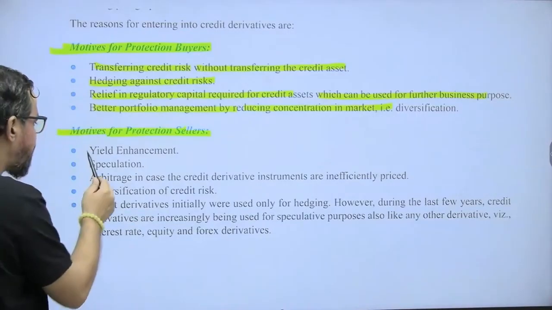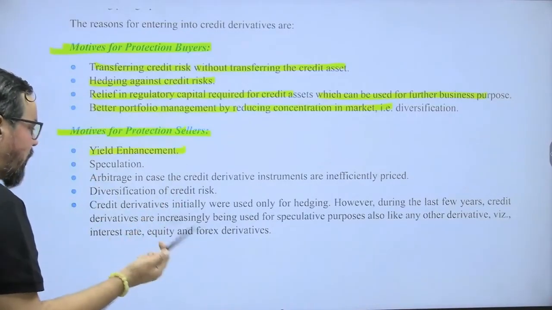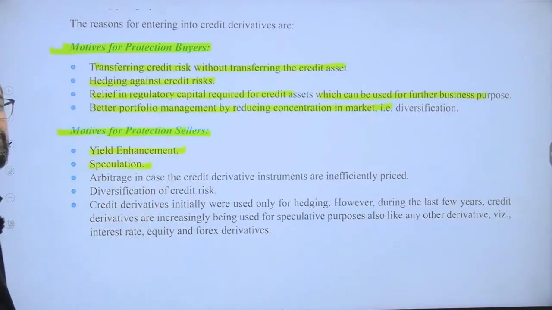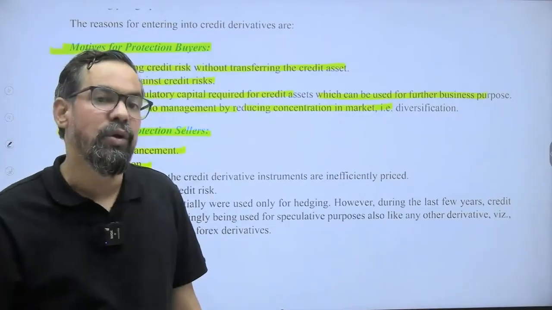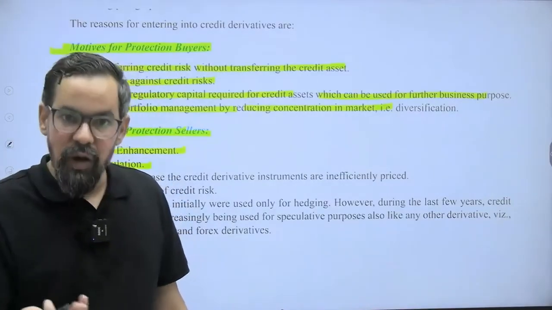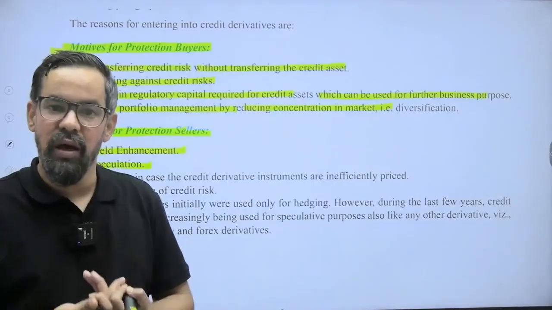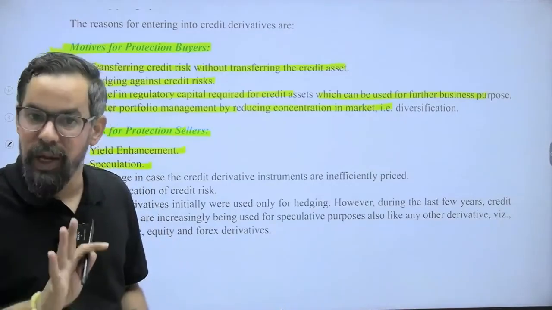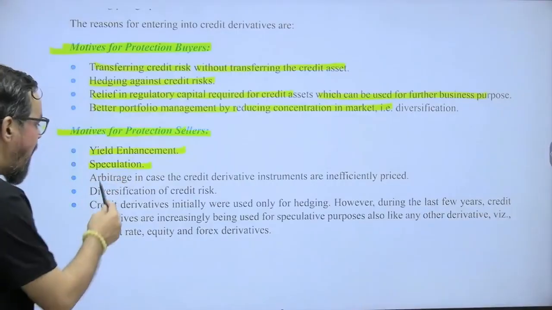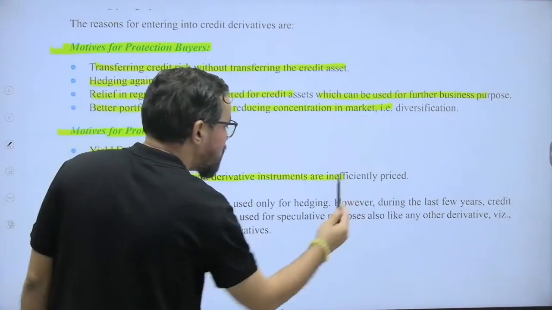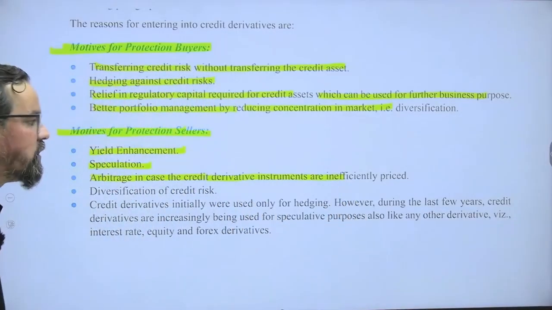For the seller, they are earning the premium basically, yield enhancement, and speculation. They are doing some speculation: if they believe that this organization is never going to default, they will earn the premium during the period of that particular loan, so they are doing that kind of business. Then there is arbitrage, in case credit derivative instruments are inefficiently priced.